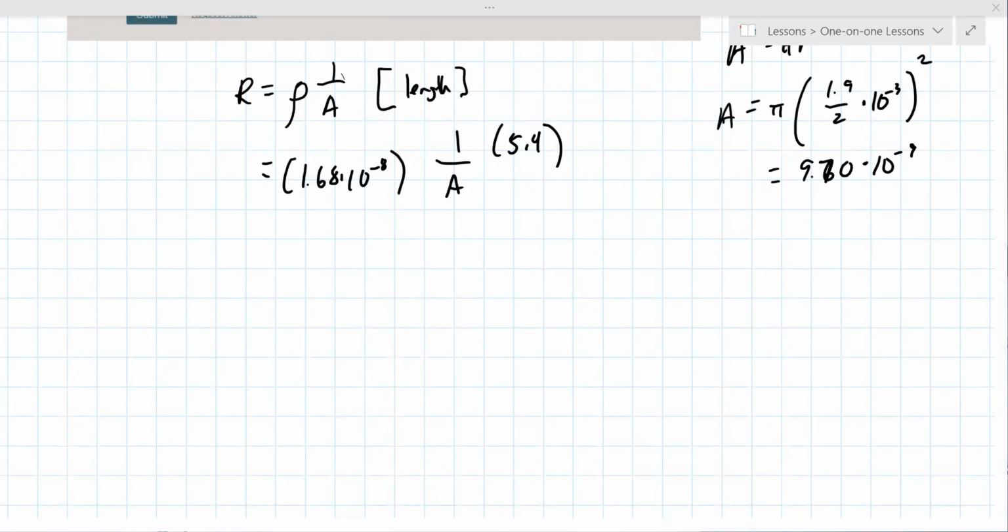Oops. Little snag there. Okay, so I end up getting 9.36 ohms, which seems kind of large.